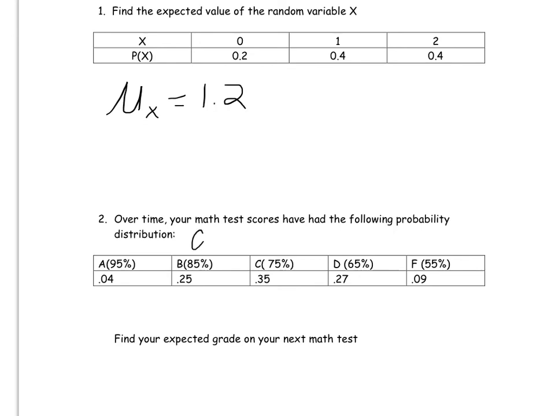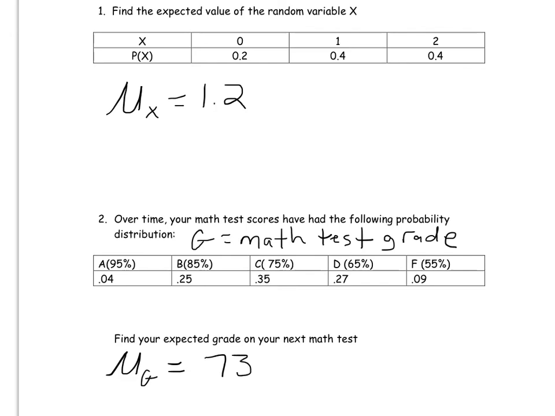Let's say that G is a math test grade. So we're finding the expected value, mu of G. And if you did that computation correctly, you should have gotten 73.8% as your expected value for your grade on the math test.